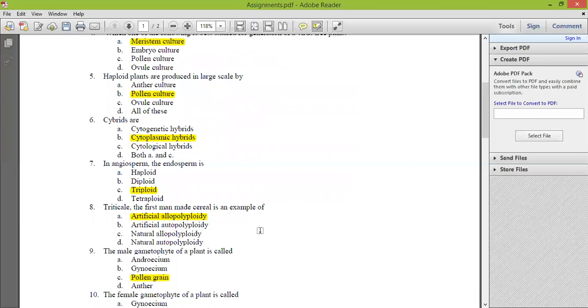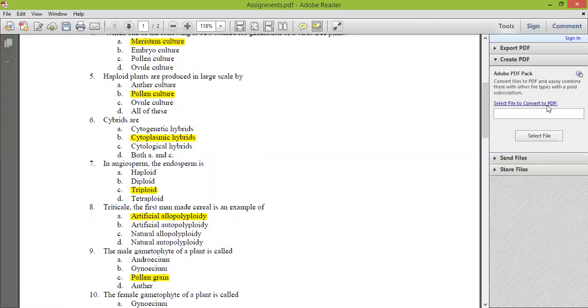This is known as allopolyploidy, and if the ploidy level is generated within the same species, it is known as autopolyploidy. Why is it artificial? Because it is done in the lab. The crossing was made between Triticum aestivum and rye, and this is the result. The artificial allopolyploid is the answer.